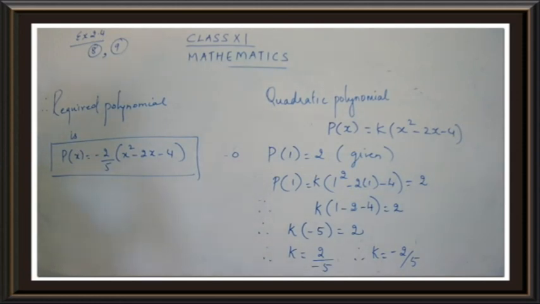If you have answer 0, it touches the x-axis, so it intersects the x-axis but at only 1 point. If delta is negative, then you have to say that there is no real root. But here we are not talking about the nature of the roots, you have to talk about the parabola. That means it will not meet the x-axis.